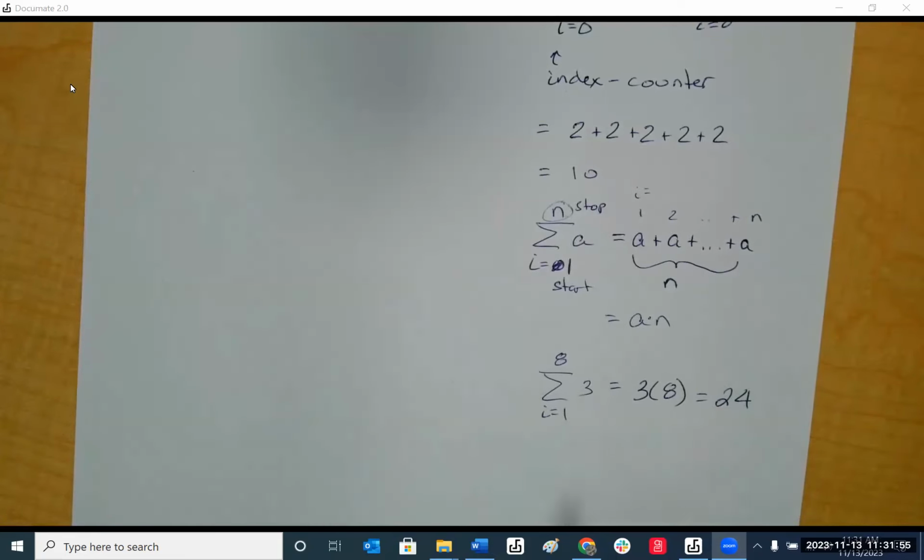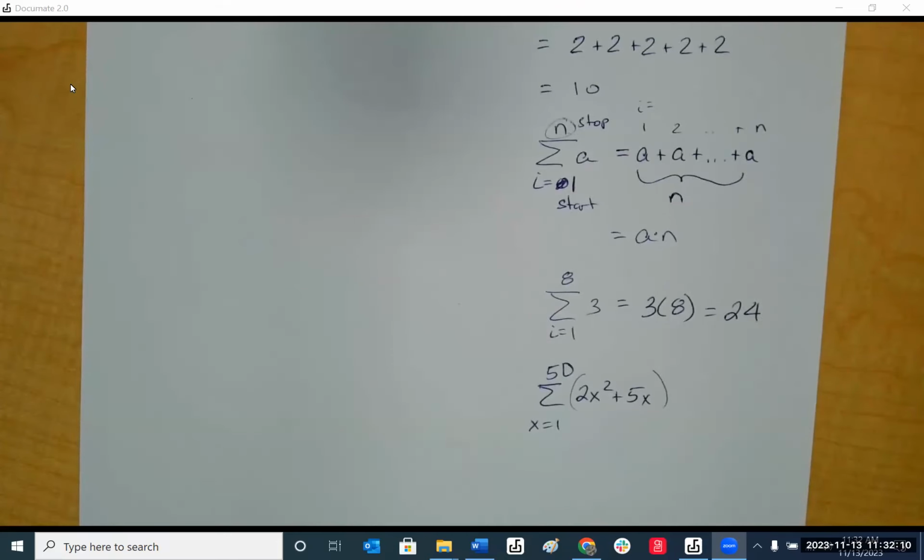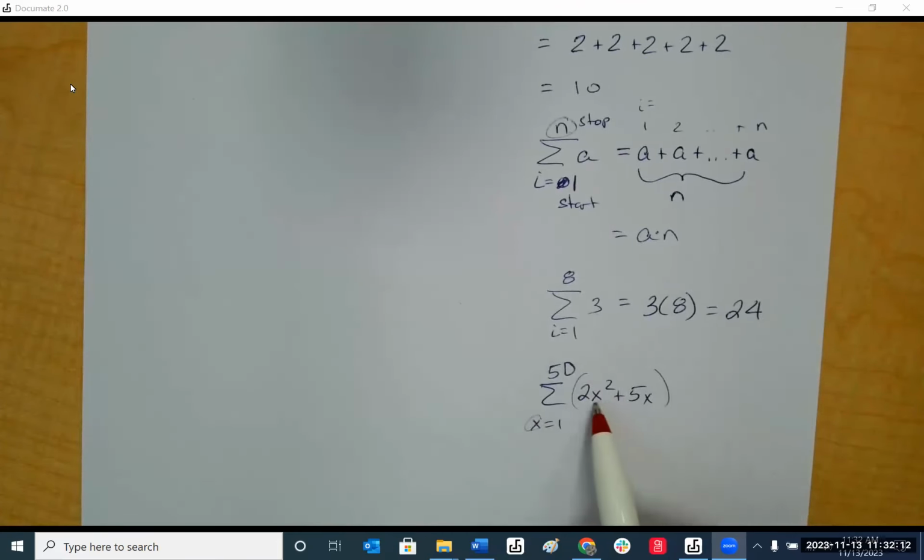That's how it works. But then our equations can get much larger. X equals 1 to 50. Again, my index is X. In other words, what this says is the first time through, X is 1.